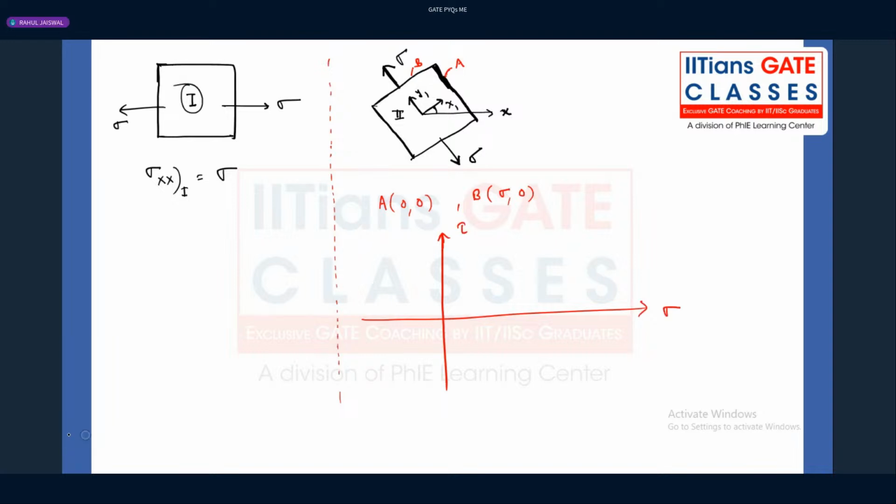So if I draw it, it is a uniaxial state of stress condition, which is going to be something like this. And corresponding to here, what you can get is here. Let me draw it.